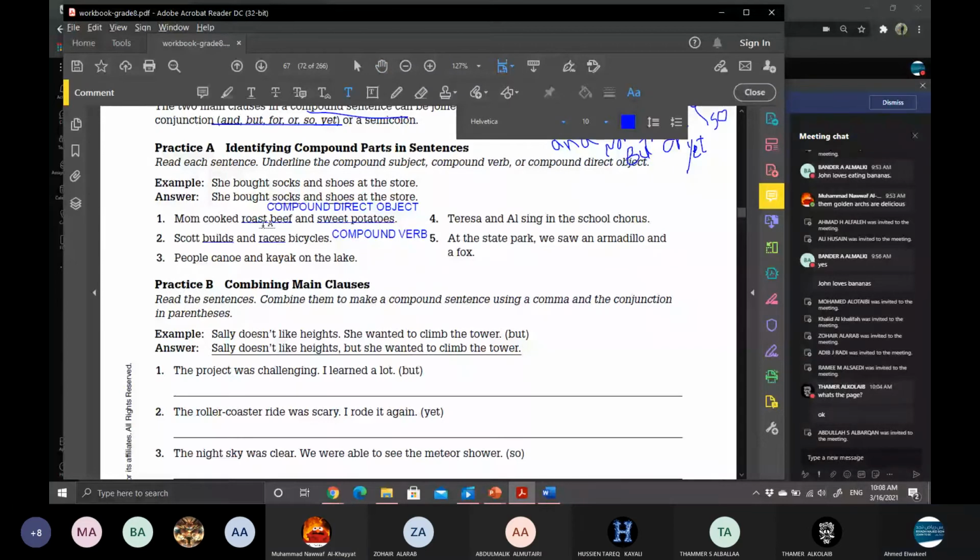Can you hear me? Okay, number 3. People canoe and kayak on the lake. Compound verb, canoe and kayak. Bravo, excellent. Very, very excellent, guys. Another compound verb.